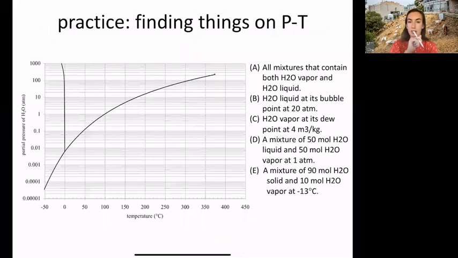Before you do that, I want to say one thing, which is looking at the axes of this graph. If you look at the x-axis, the temperature axis, that's a linear axis. So every tick that's evenly spaced increases our temperature by 50 degrees. However, our y-axis, that partial pressure axis, is on a logarithmic scale. So each tick increases us by a factor of 10 as opposed to by some linear amount.